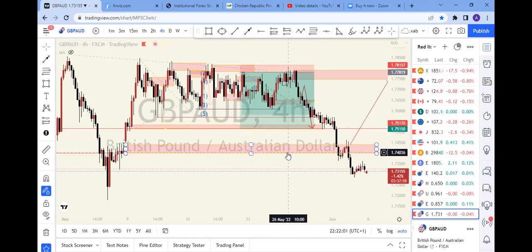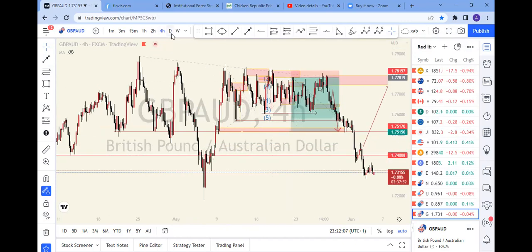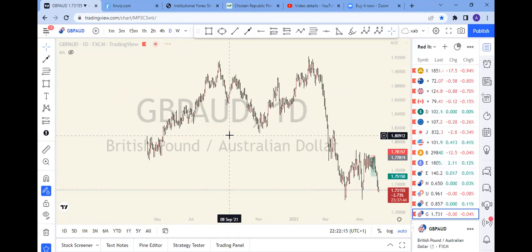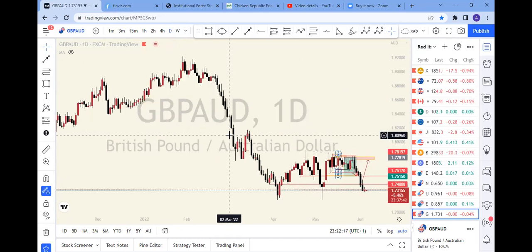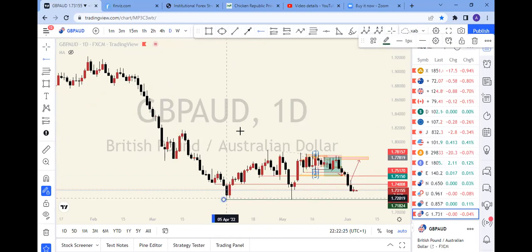All right, this is GBP AUD on the 4 hours time frame. On the daily time frame, we're still inside this zone.